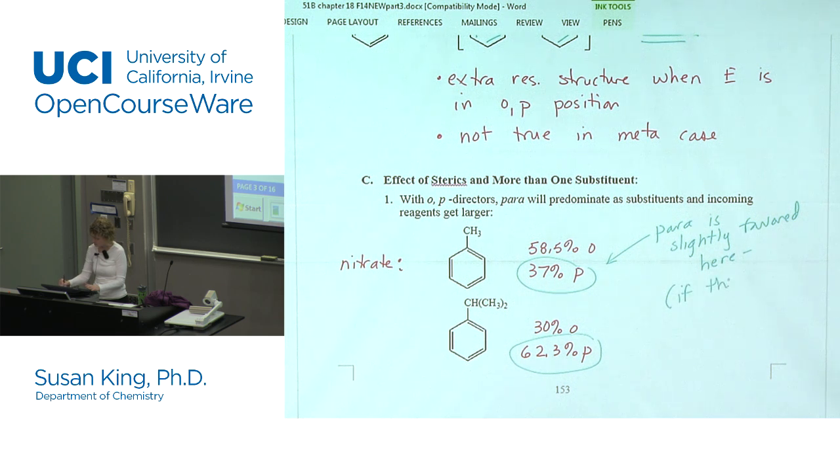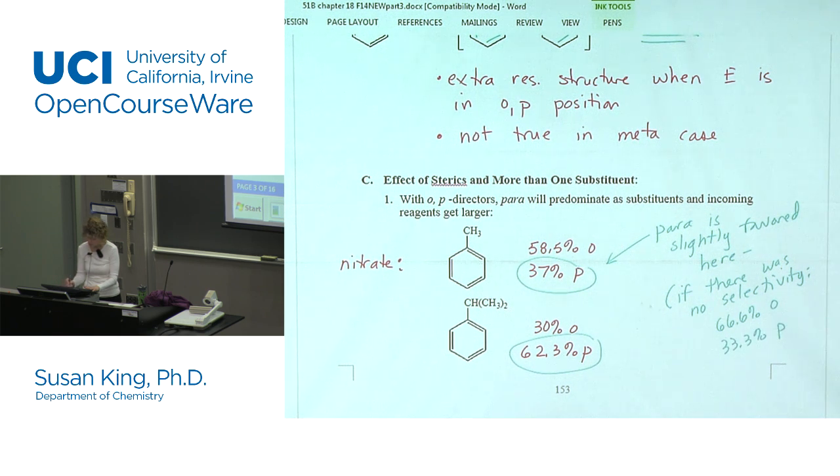If there was no favorability, statistically we have 3 spots that it can go. It could go ortho, para, or meta. With 3 spots, 1/3 of the time it should go para, and 2/3 of the time it should go ortho. So if there was no selectivity, statistically there's twice as many ortho positions, and we would get 66.6% ortho and 33.3% para.